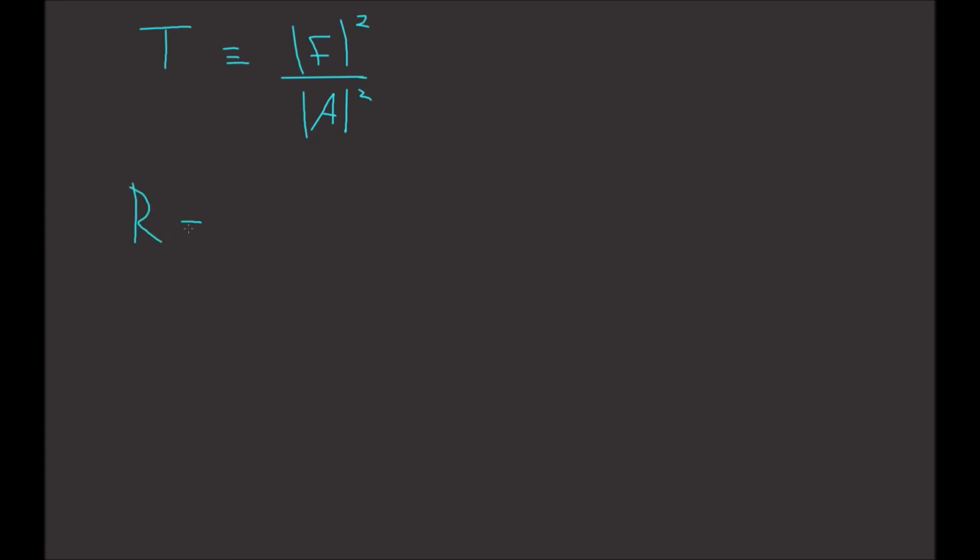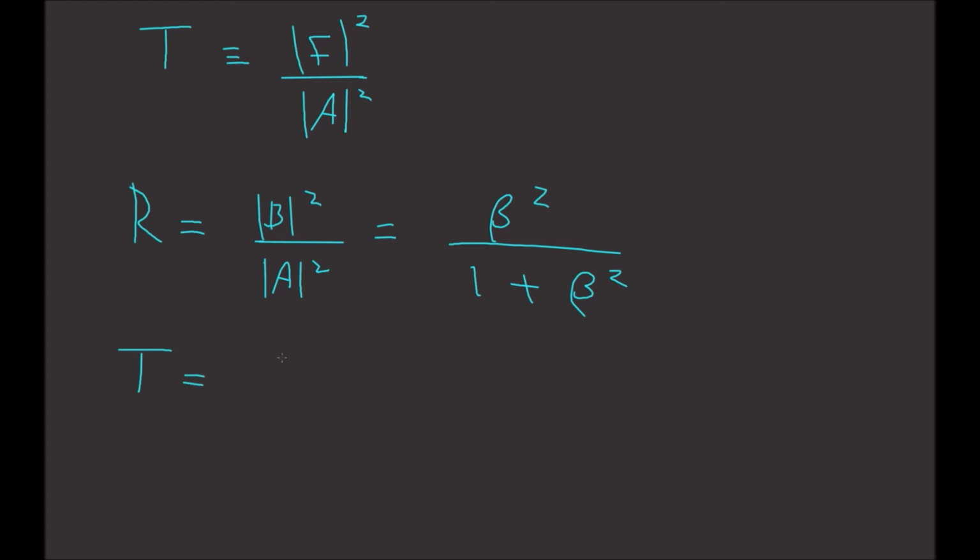So R is equal to the modulus square of b divided by the modulus square of a, which is beta square divided by 1 plus beta square, and T is equal to the modulus square of f divided by the modulus square of the incident wave. If you do the math, we get 1 divided by 1 plus beta square.